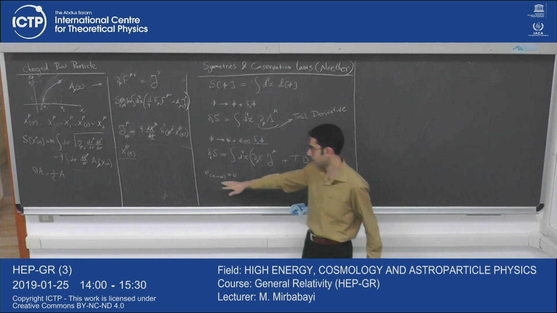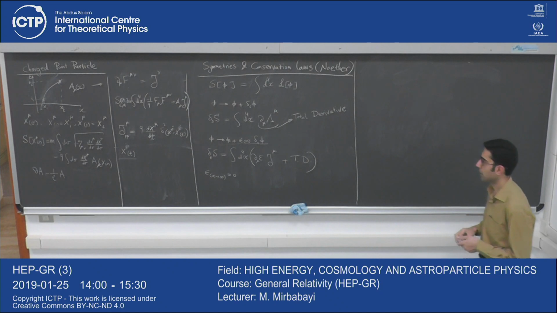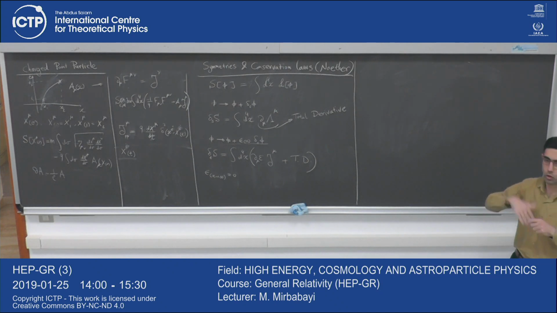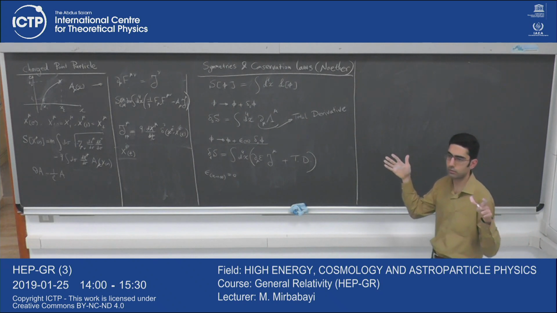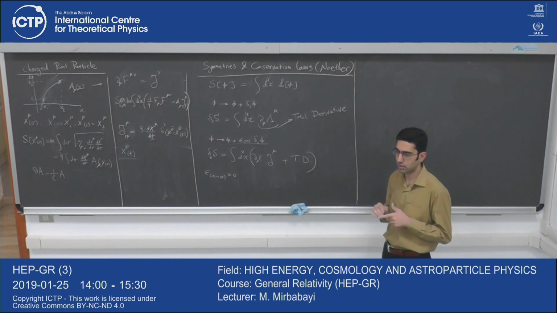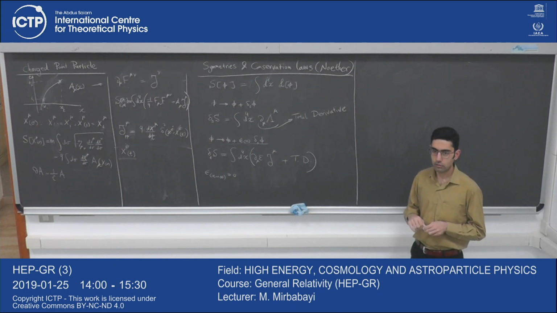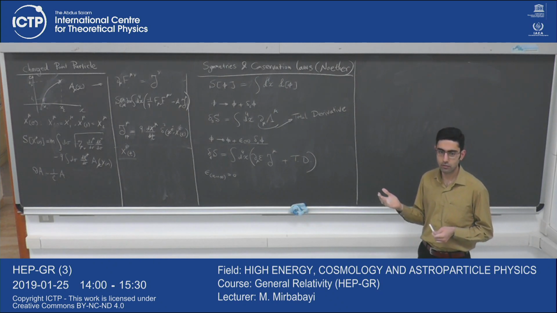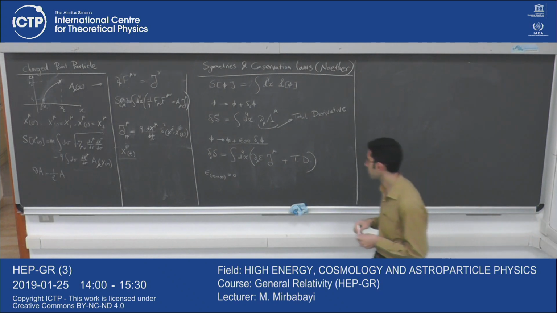Here I assume that it goes all the way to infinity. We do an arbitrary variation of the field, except that we require that the variation vanishes at the boundaries. And when we do that, what we obtain is the equations of motion.